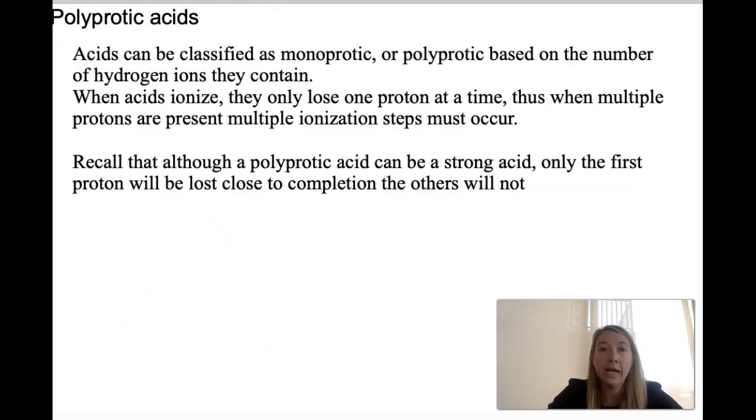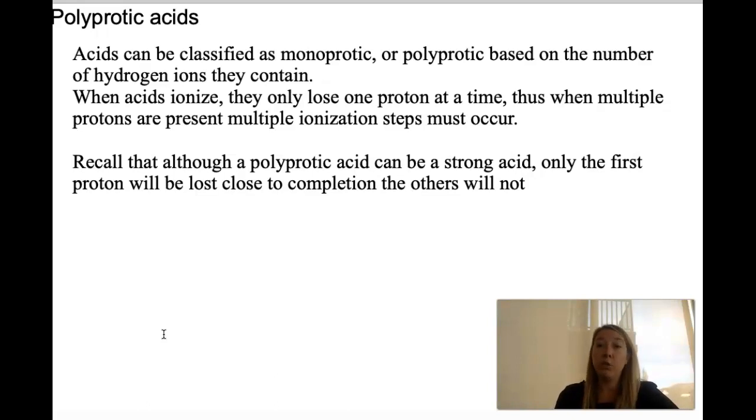So looking at some examples from last year, or maybe not quite yet, apparently I'm going to talk about polyprotic acids. We're not going to look at calculations really too much for polyprotics. If we do, we're only going to look at one step, right? So remember when we talked about polyprotic acids last year, we said these were acids that had more than one hydrogen, that they were going to ionize in a stepwise fashion.